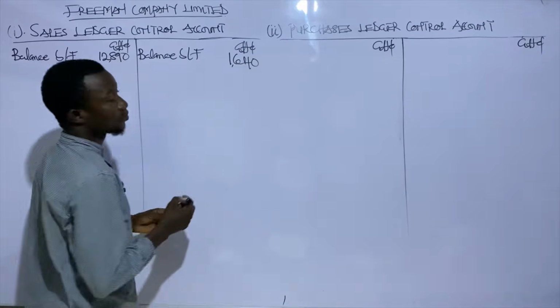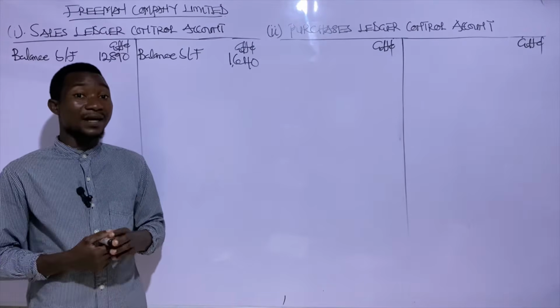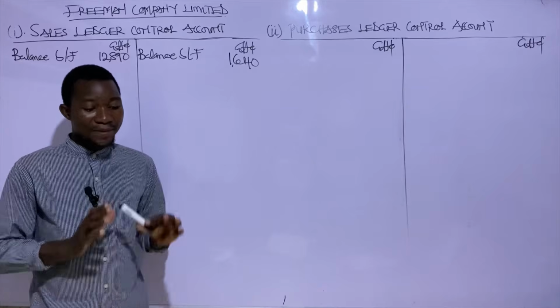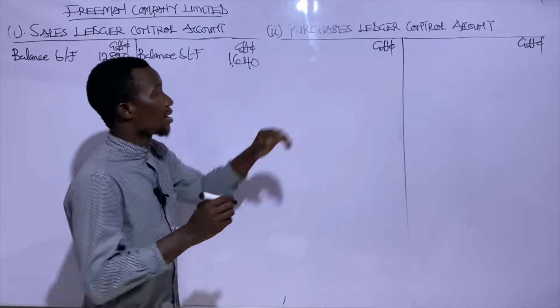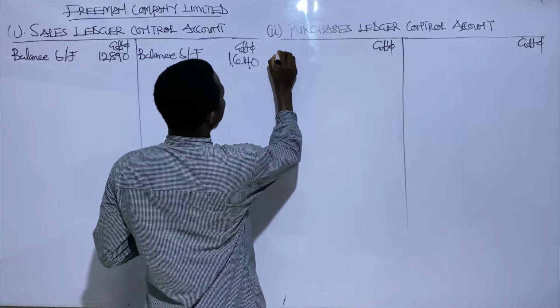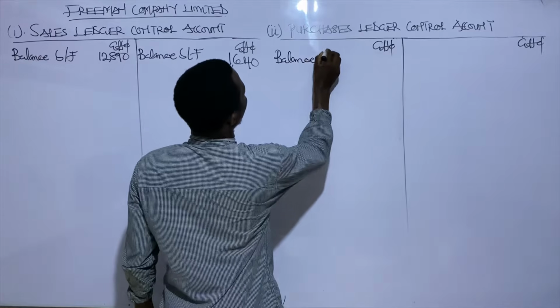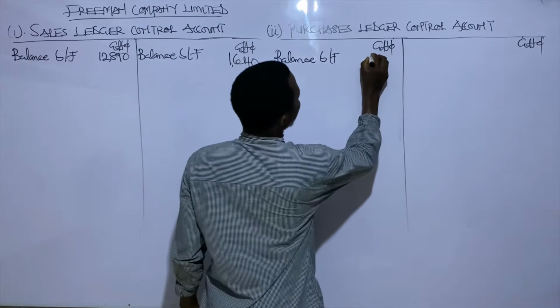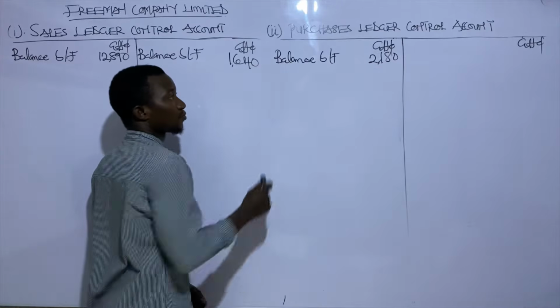Good. The next item is debit balances in purchases ledger, 2,180. So a debit balance in the purchases ledger. When you come to the debit side, we record the opening balance. We call that balance brought forward, and it's 2,180, a debit balance.